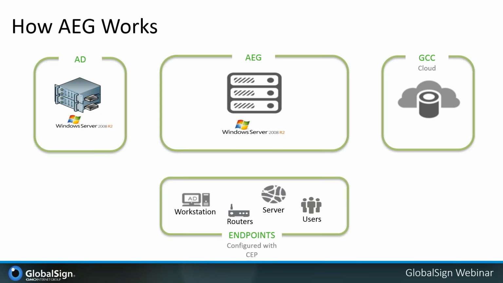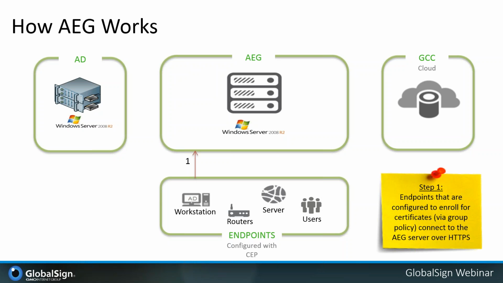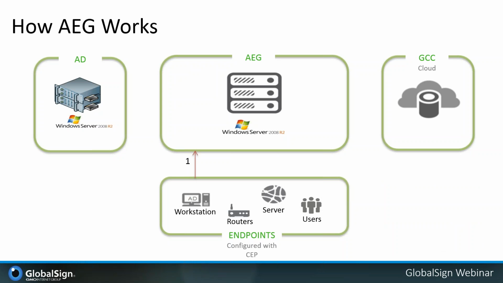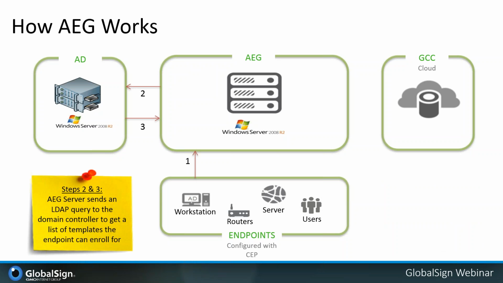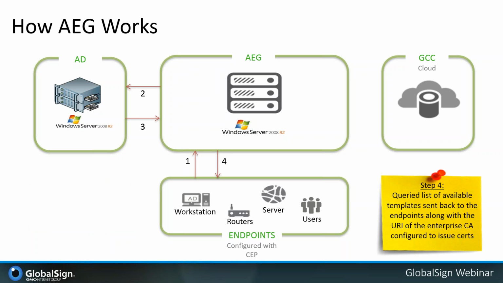Now this happens over HTTPS. The AEG server then sends a request to Active Directory via LDAP to get a list of certificate templates these endpoints can enroll for. And in step number 4, sends that list over to the endpoints along with the location of the CA where these endpoints can grab these certificates from.